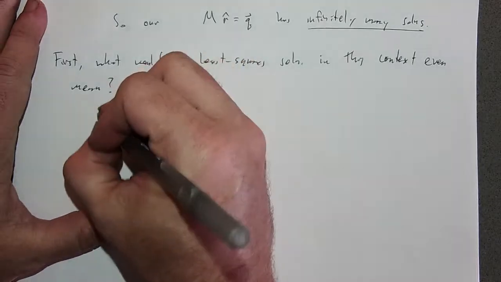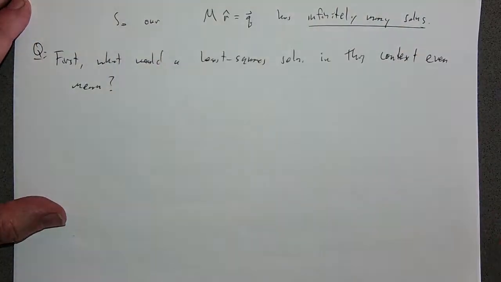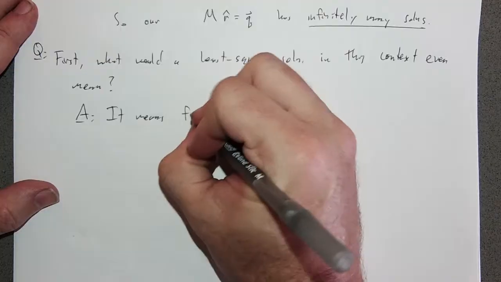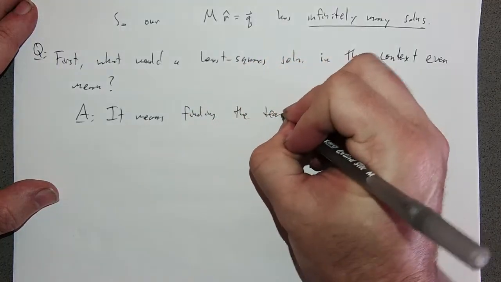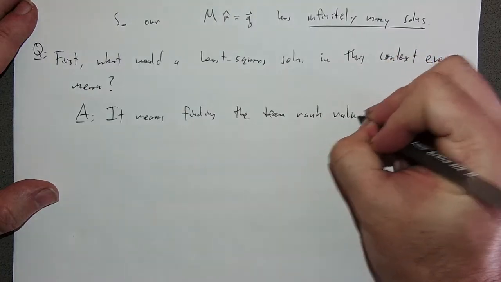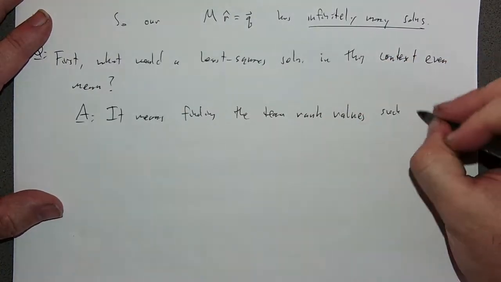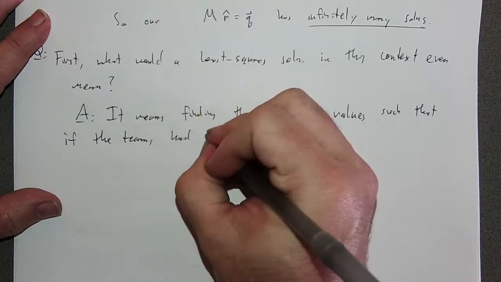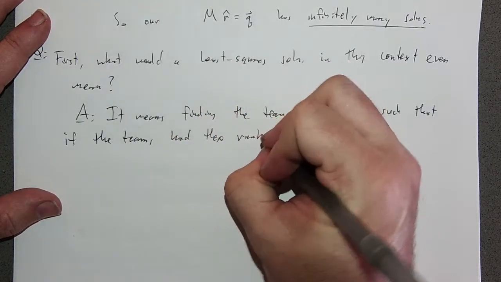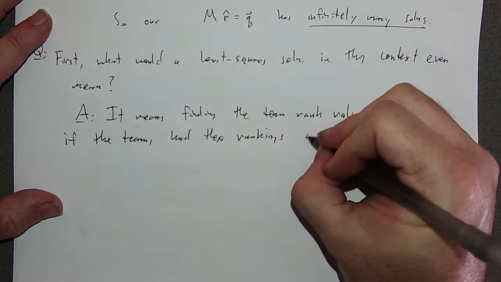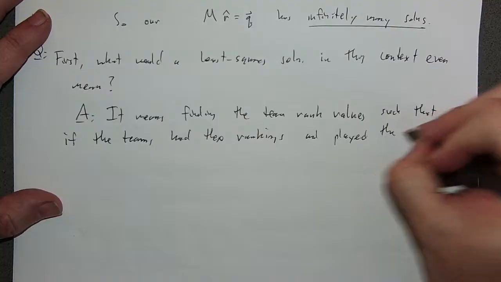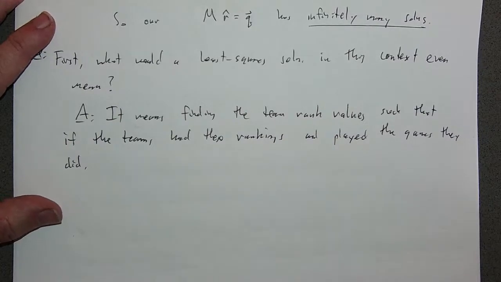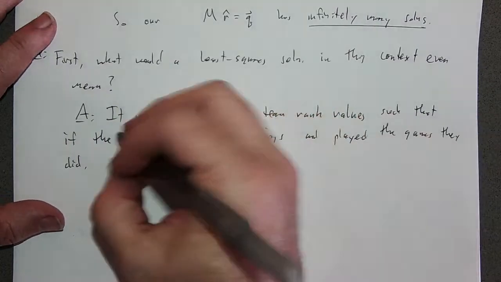Well, if this is my question, then my answer is that it means finding the team rank values such that if the teams had these rankings and played the games they did, those game outcomes as a vector would be as close as possible to the actual game outcomes.